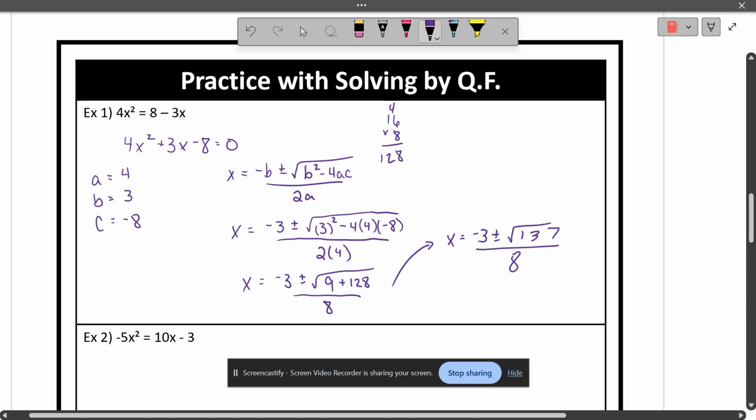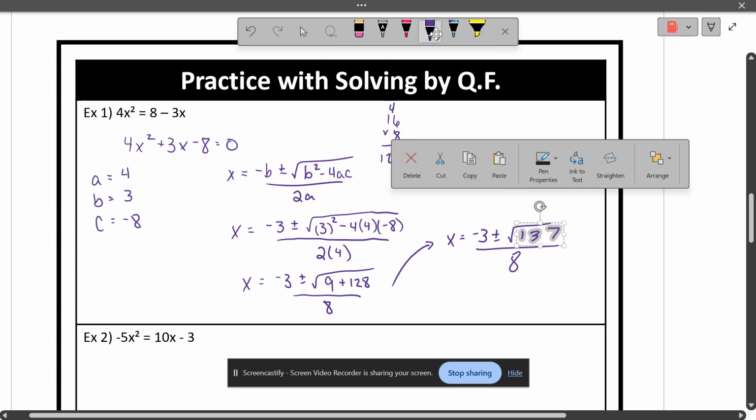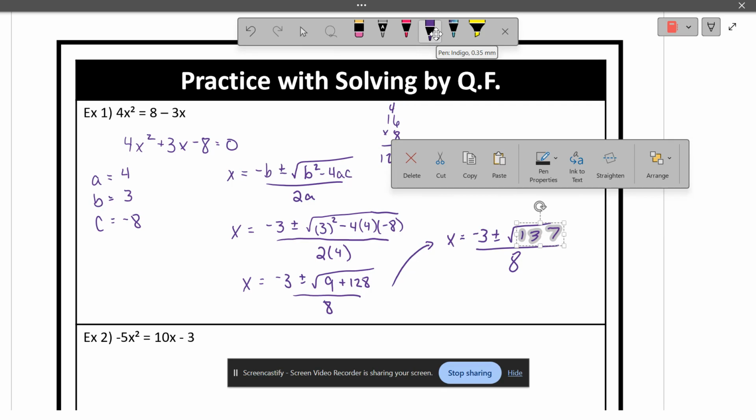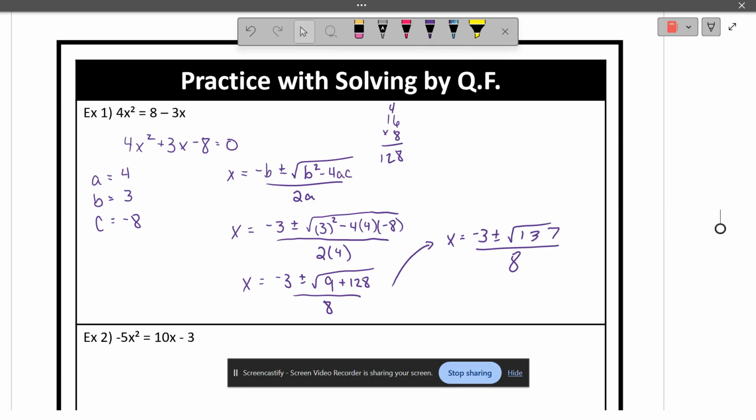And since 137, let me see here, 4, 7 is 11, I think that's a perfect square. So I'm going to say we are done, and that's going to be our solution.